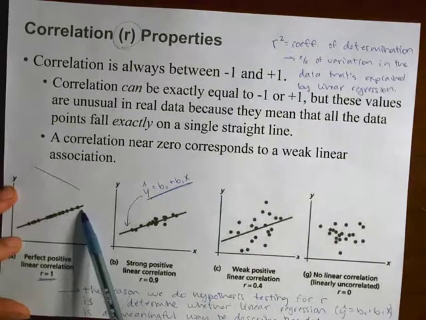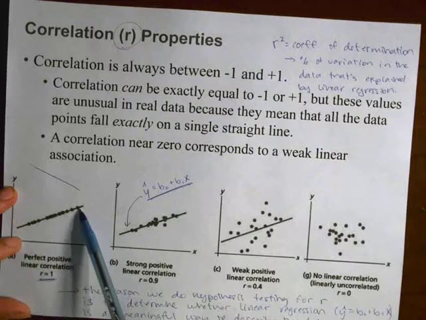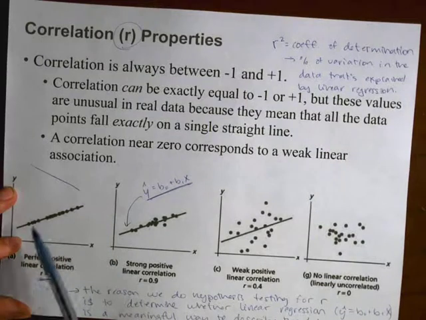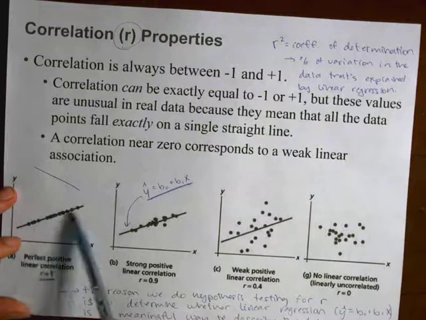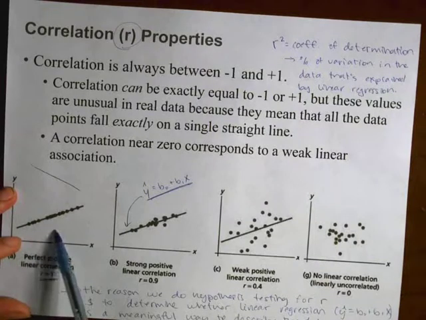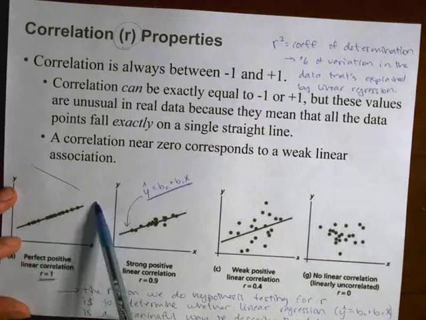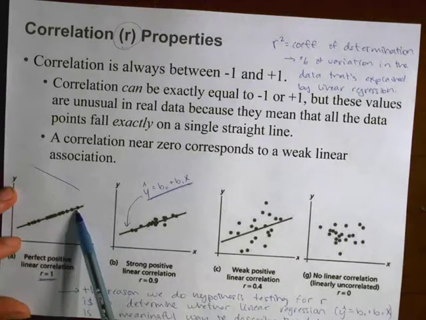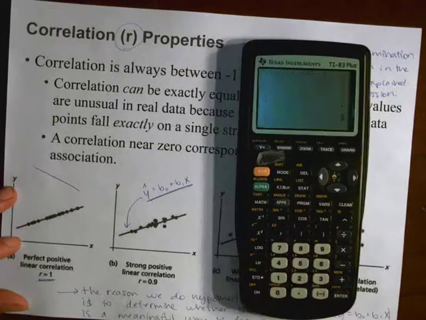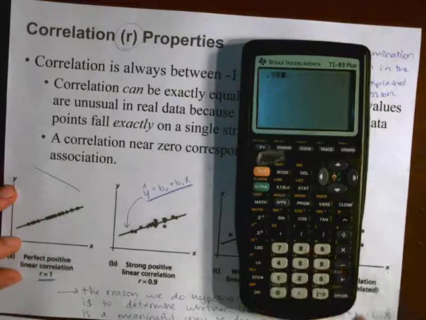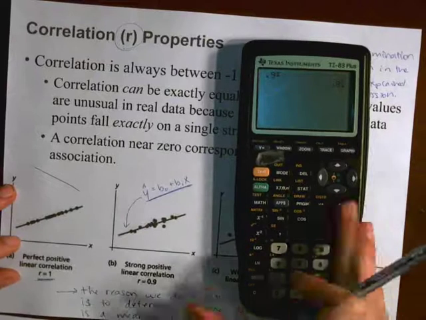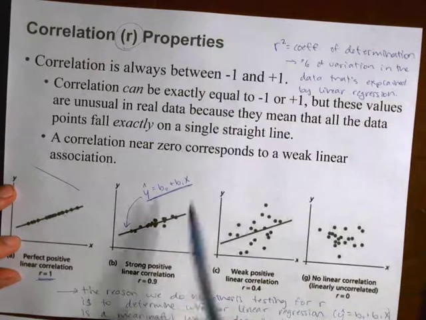Okay, so the R squared, the coefficient of determination, of a perfect correlation would be 1 squared, which is 1, which would say that 100% of the up-down motion in this scatter plot is characterized by linear regression, right? That's a perfect fit. An R value of 0.9, 0.9 squared, is 0.81.